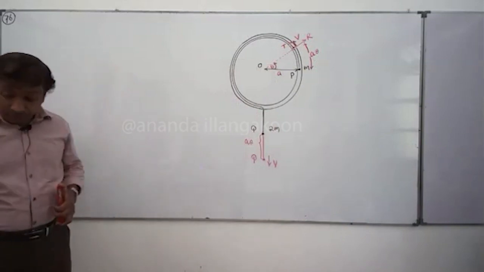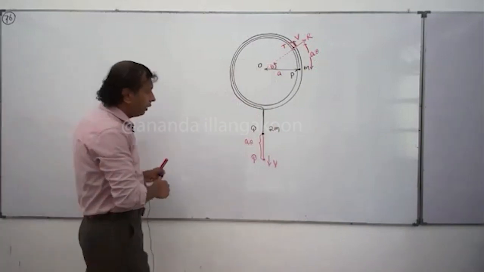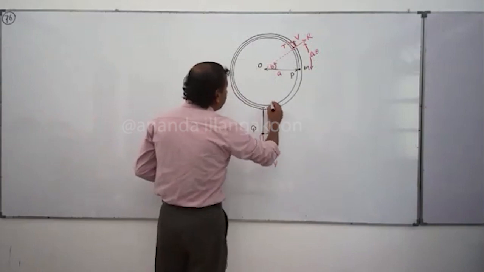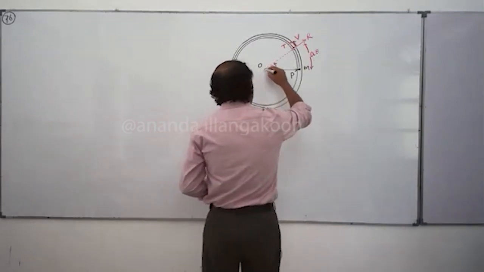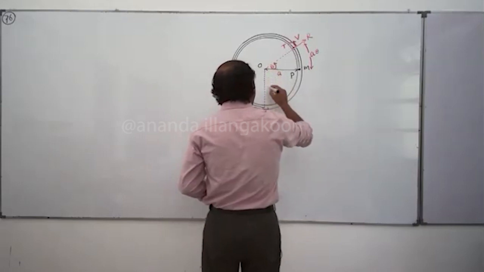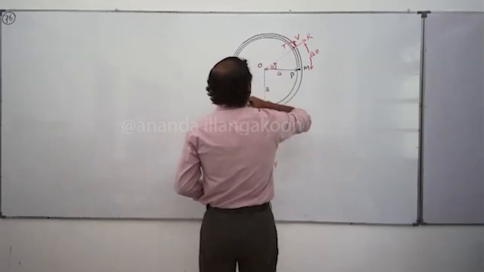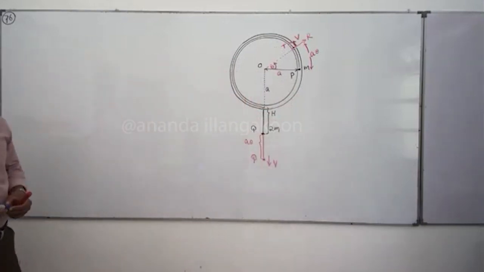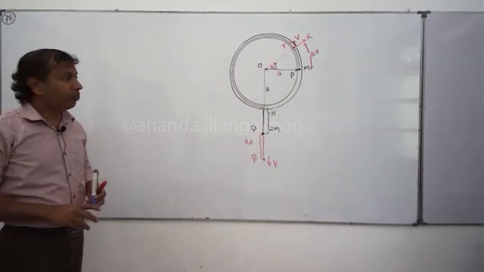Initially, I'll take the height of Q from here as capital H. This radius is a. Now to get the first answer, we have to apply conservation of mechanical energy.